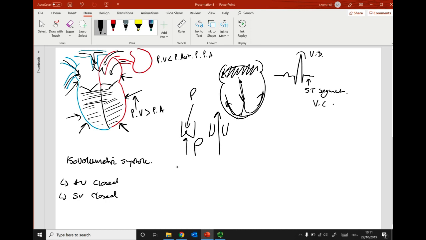So then we go into ventricular ejection. The atrioventricular valves are still closed, but now the semilunar valve is open.